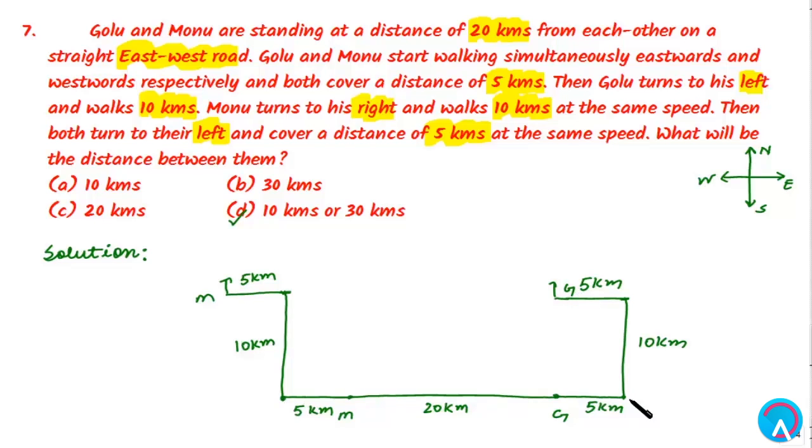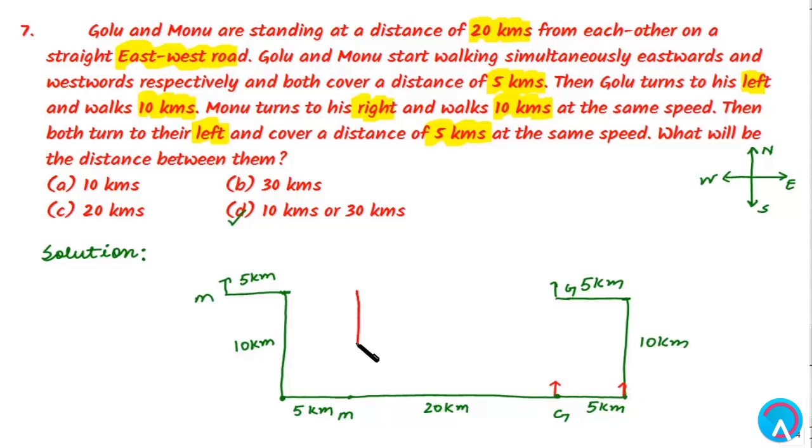So we know that this complete distance is 20 and till here we have 5. This is 5 and this distance, so if we draw lines here, so I'm talking about this distance, this will be 20 kilometers.